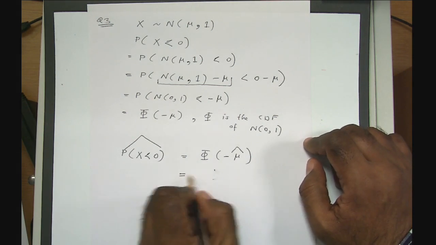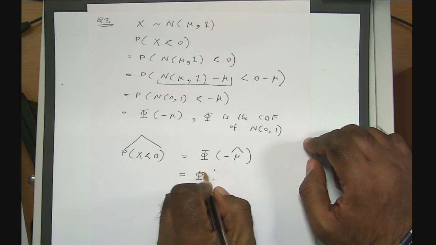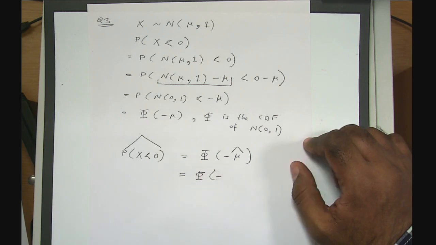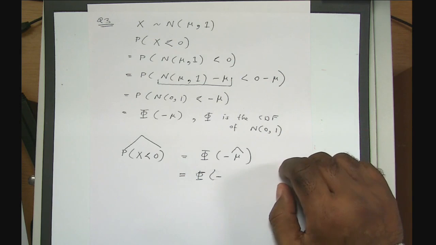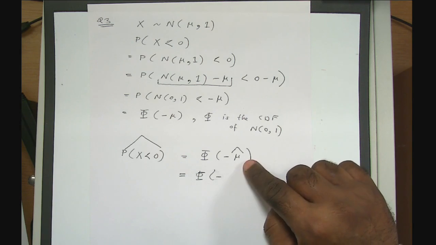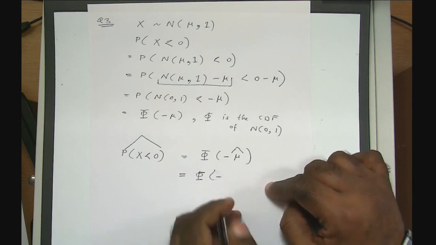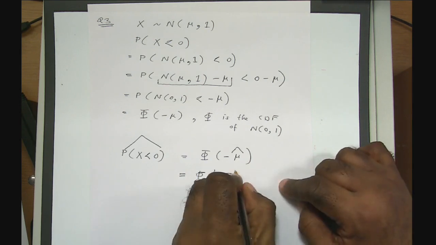Now, if you guys remember from about a week or so ago, I worked out in one of the lectures: if you have a sample from a normal distribution with parameter mu, then the MLE for mu is, do you guys remember what it was? The MLE for mu is x bar, right?